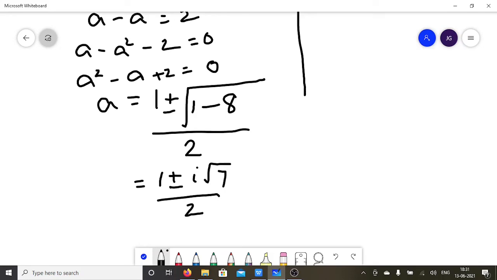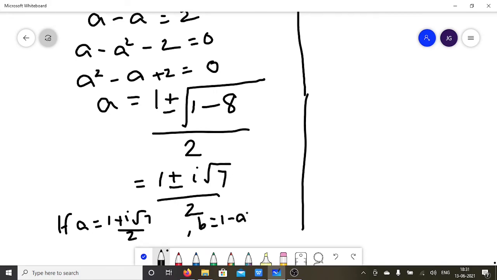If A is equal to 1 plus i root 7 by 2, B is equal to 1 minus A, which is equal to 1 minus 1 plus i root 7 by 2.